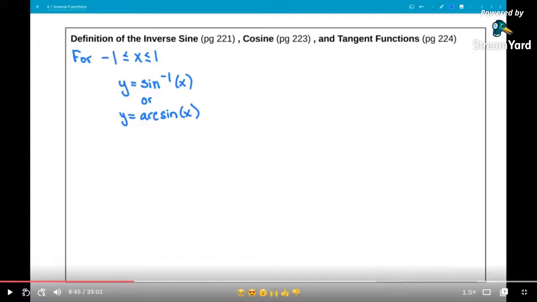Okay. That means that's really equivalent to saying that the sine of y is x.